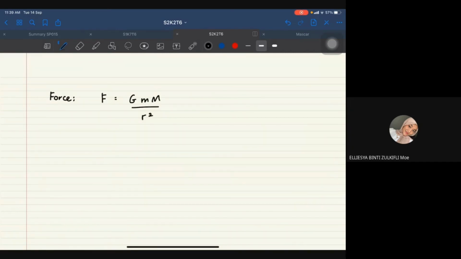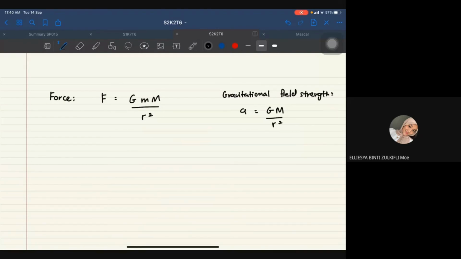And then you learned about gravitational field strength, and the formula would be A, dia tak pakai G pun, A equals to G M over R square.